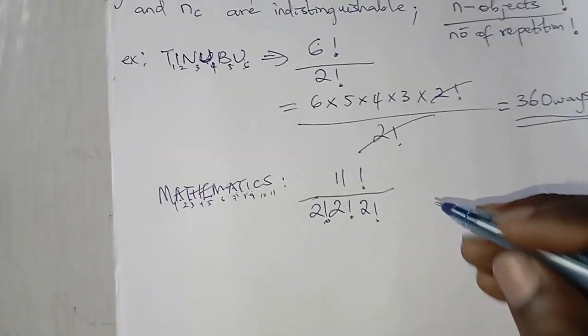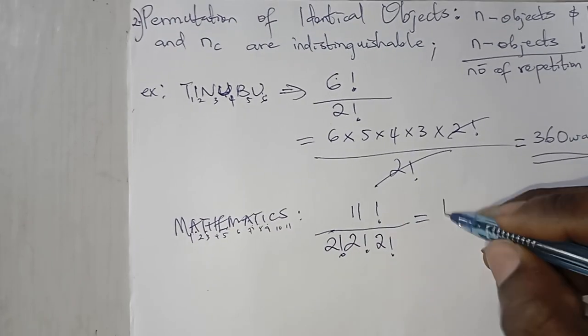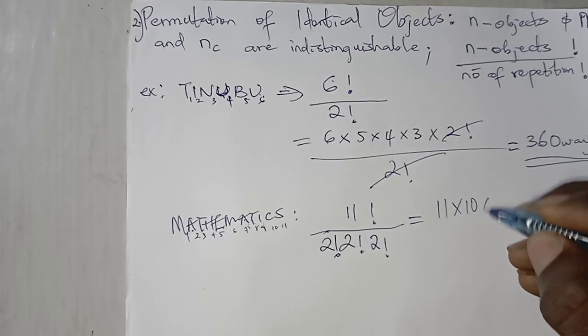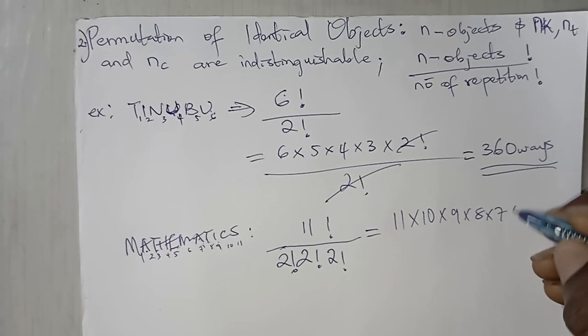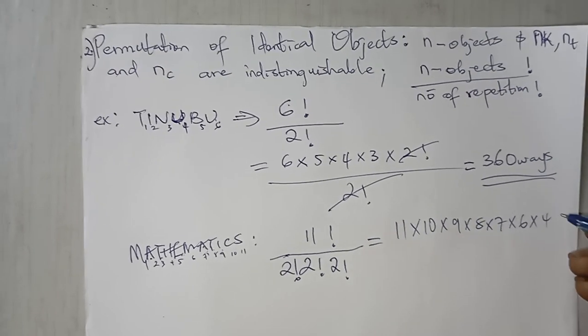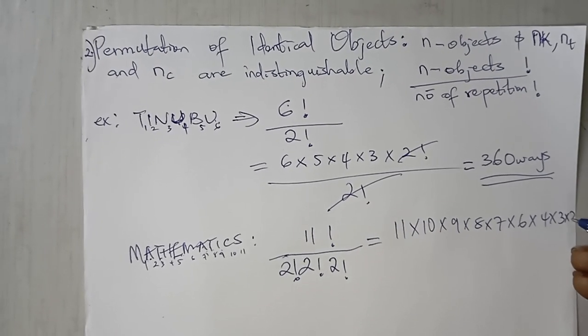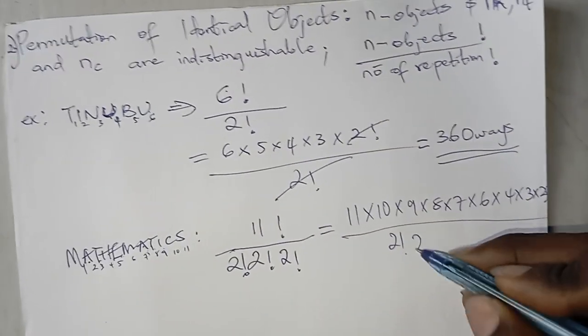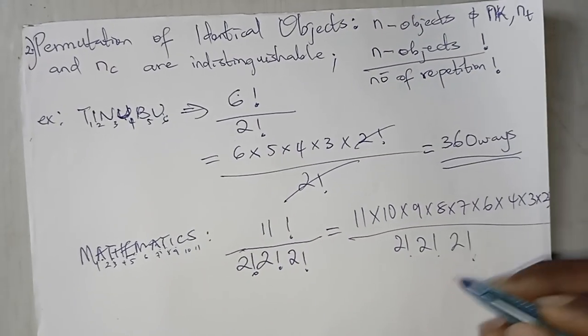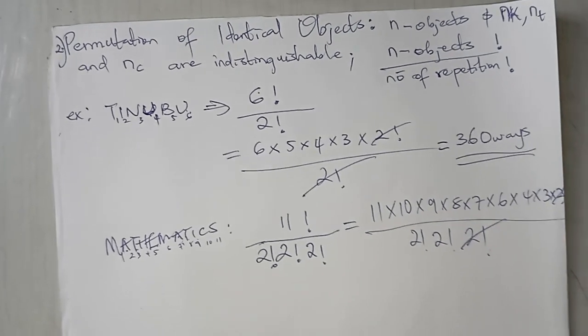So this is going to now be 11 times 10 times 9 times 8 times 7 times 6 times 5 times 4 times 3 times 2 factorial, all over 2 factorial, 2 factorial, 2 factorial. This will take care of this.